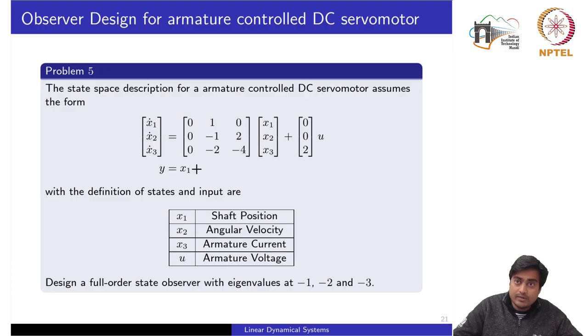This is what we had seen in the previous example, that if we are able to design an observer for estimating both the states, then we know from the controllability property of the pair that the system can be stabilized. Here again we have a direct measurement of only one of the states but not all of the states. So we want to design a full order state observer by placing the eigenvalues at these values.